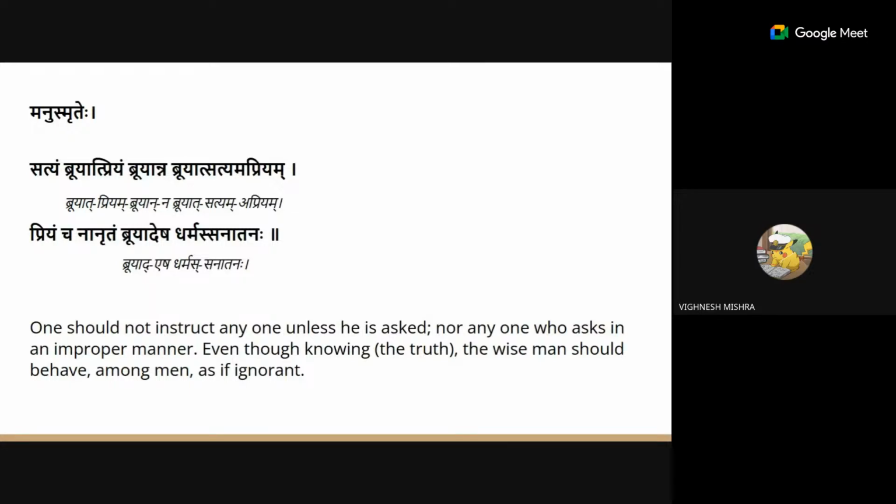Some popular examples are Namaha Shivaya, which sometimes can also be pronounced as Namah Shivaya. You might have heard this one. Another example is Shanti Shanti Shantihi. So you can see the visarga somehow vanishes and it becomes Shantish. That is how people pronounce it. It is easier to pronounce that way, and in this context, I do not think it even breaks the meter. So it is acceptable to keep it that way, and that is why I changed it to this one.